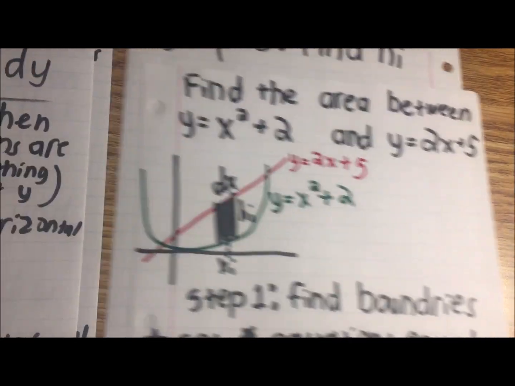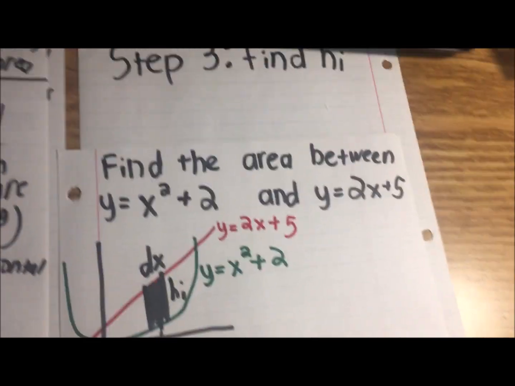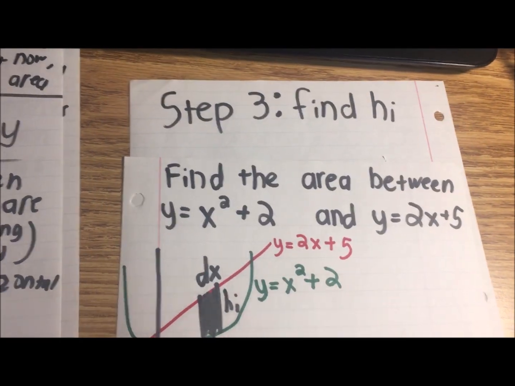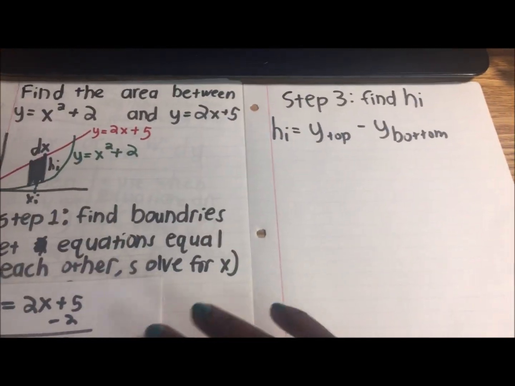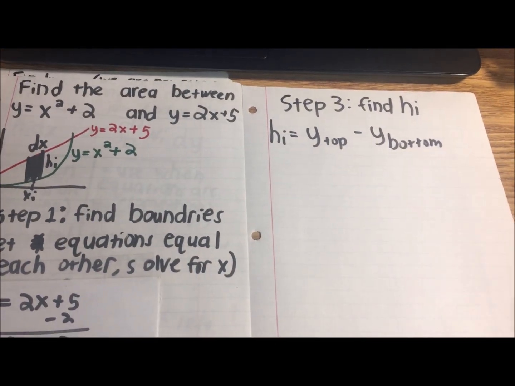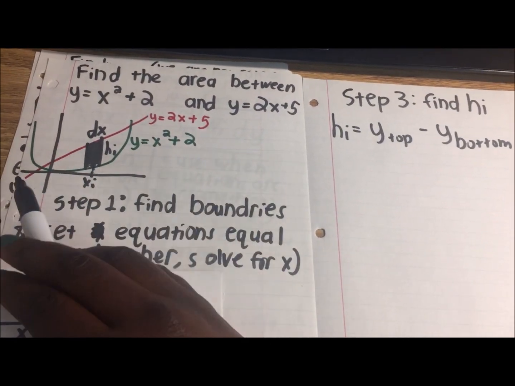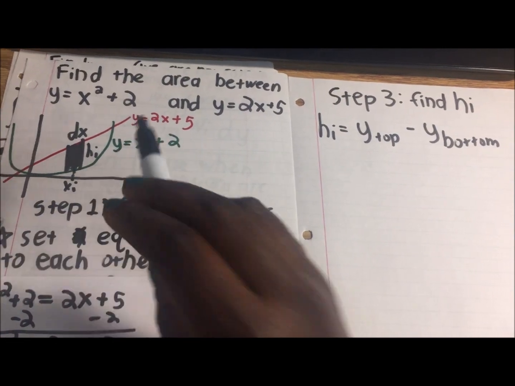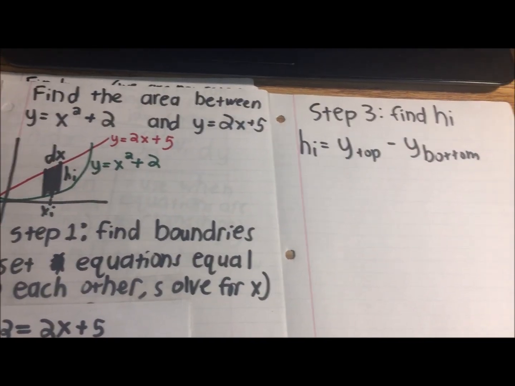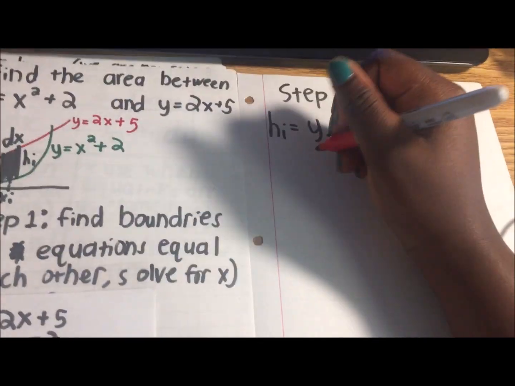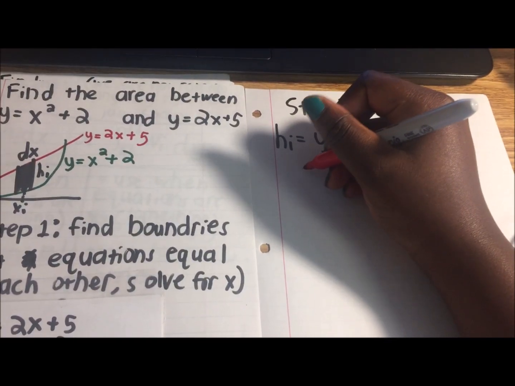So, if I were to find HI, let me write that out. To find HI, we're doing y top minus y bottom, and as you can see, y top, the equation that touches the top of the strip, is 2x plus 5.